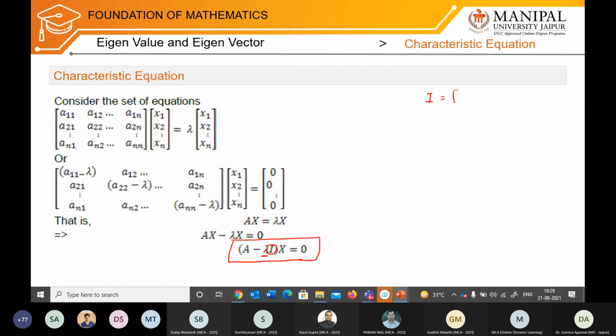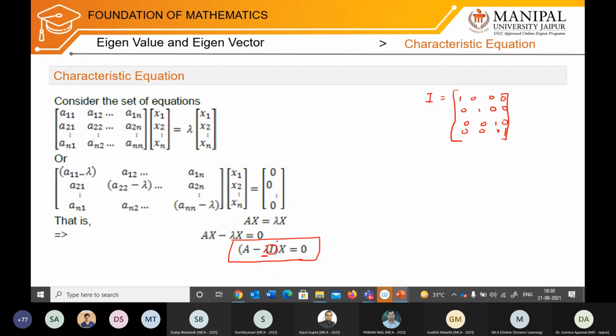Identity matrix is what? Only the diagonal elements are 1. So if I want an identity matrix of order 3 cross 3, I write it in that manner. If I want an identity matrix of order 4 cross 4, we can use this matrix like that only, right?